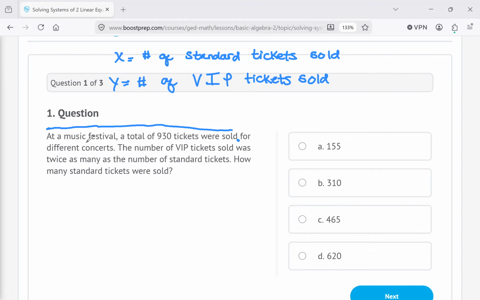Yes, at a music festival, a total of 930 tickets were sold. So what they're saying is a combination of standard tickets and VIP tickets are going to equal 930 tickets. So how do I create an equation? Well, we said X is standard, so the combination of standard, so X plus Y equals 930.